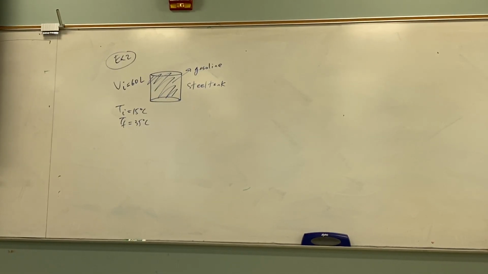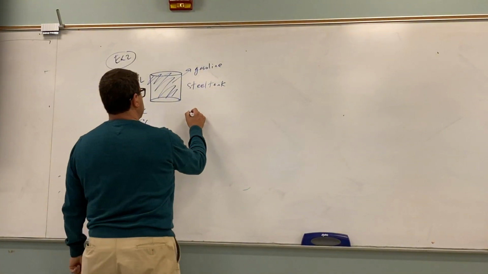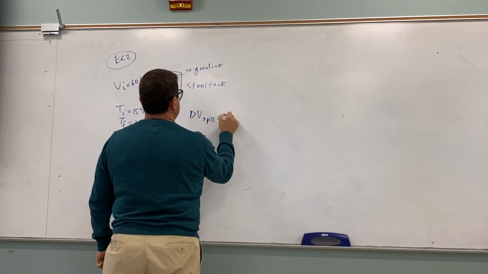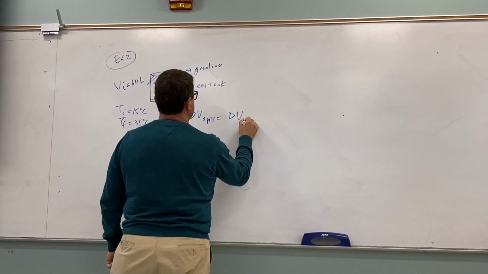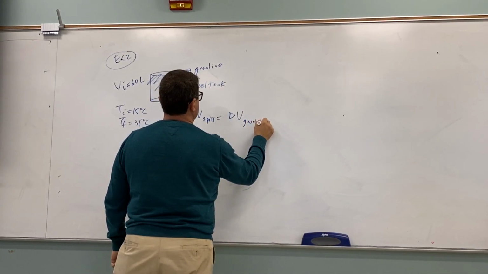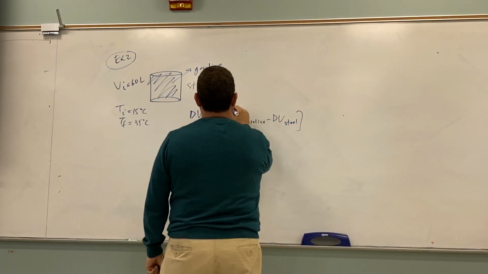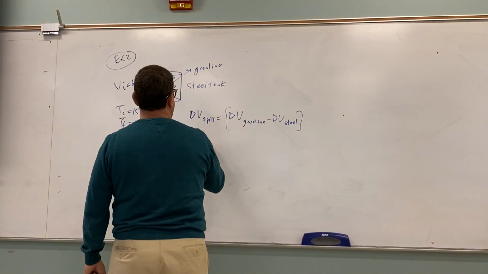It's not that hard. No, this one is actually easy. Delta V spill is the delta V of the gasoline minus delta V of the steel, right?